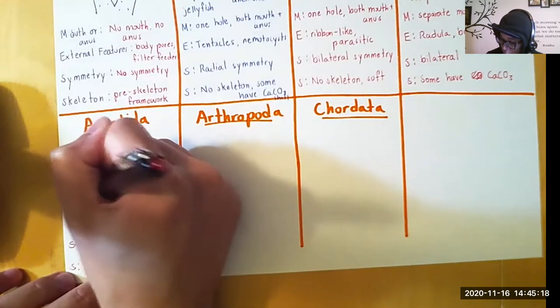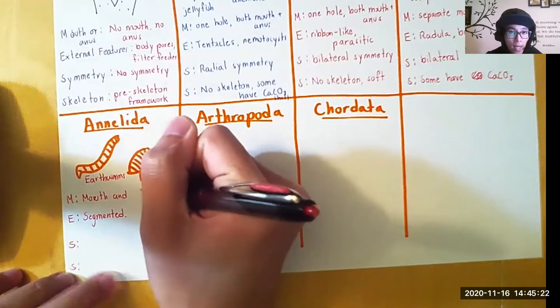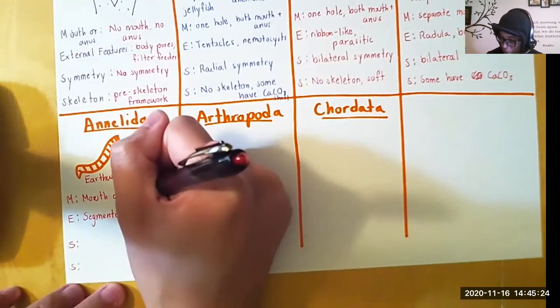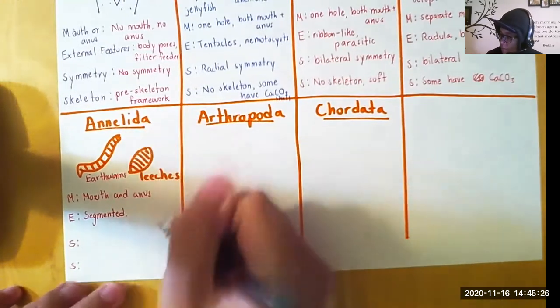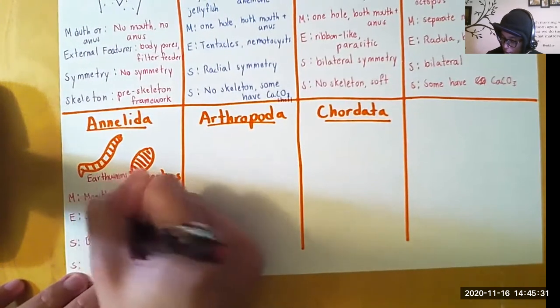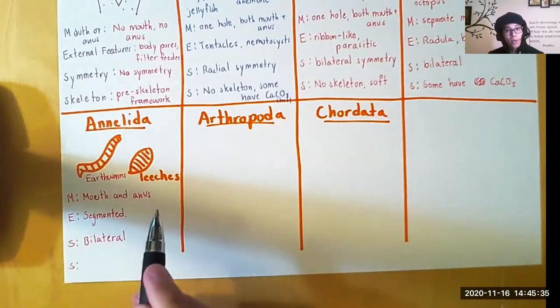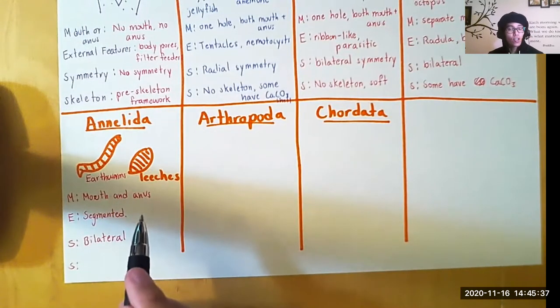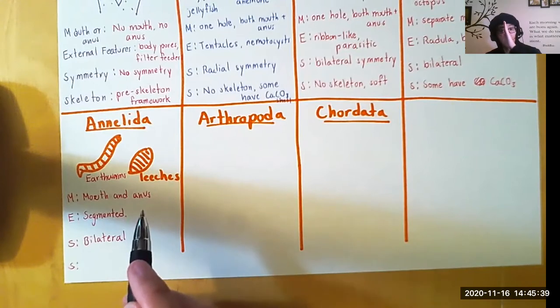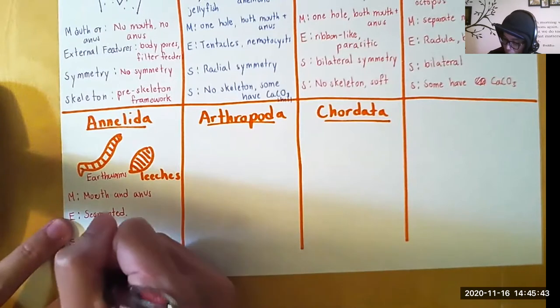They have both a mouth and anus separately, so they eat in a different hole than they poo. And these organisms are all bilateral. I know a worm doesn't seem bilateral. You can actually perform a dissection of a worm and cut down the midline, kind of like you can cut down the midline for a human being.